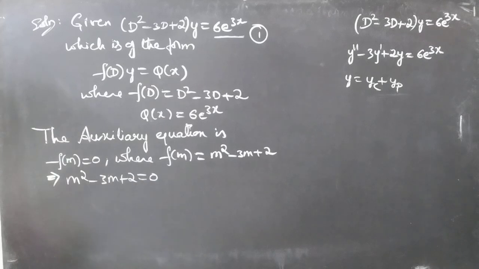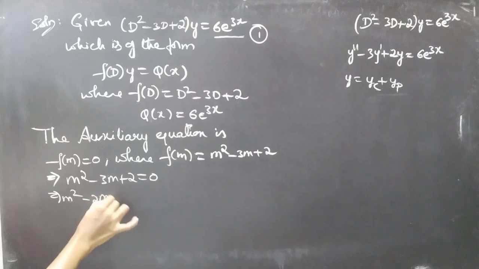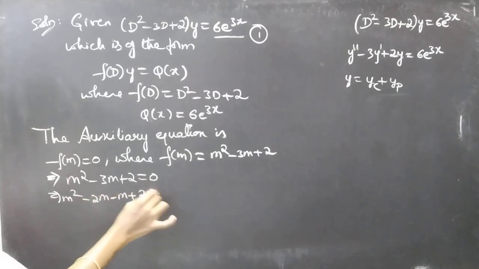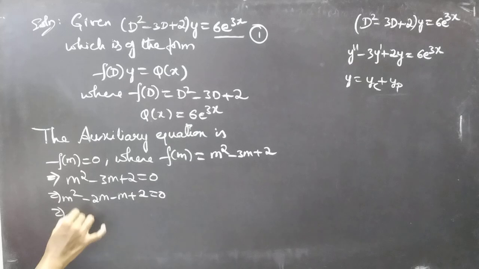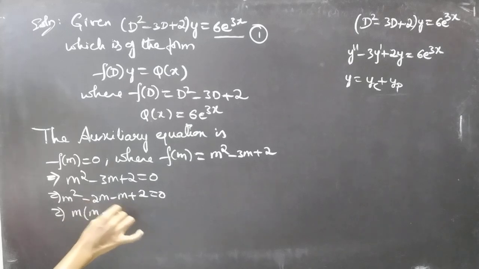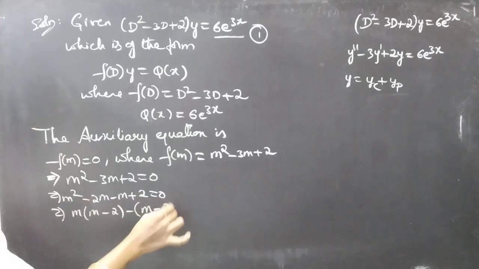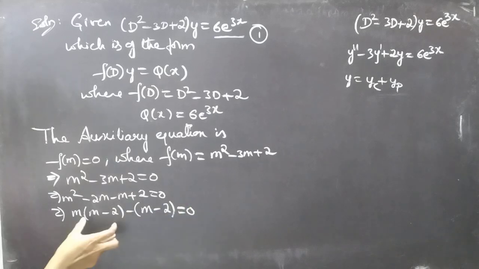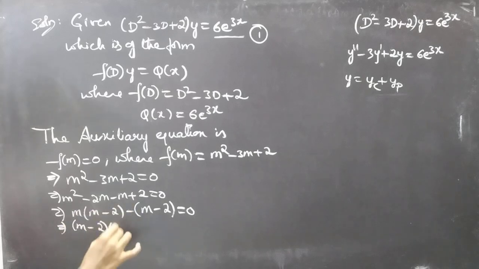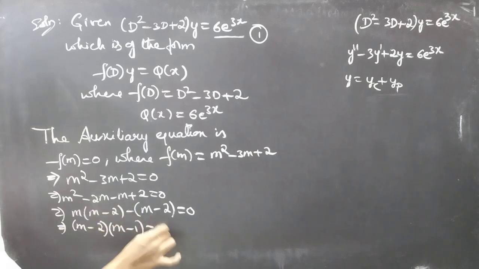Now we need to find roots to this equation. Let's split -3m as -2m - m. Now take m common from the first two terms and take minus common from the next two terms. (m - 2) exists in both the terms, so let's take it common. We'll get (m - 2)(m - 1) = 0.